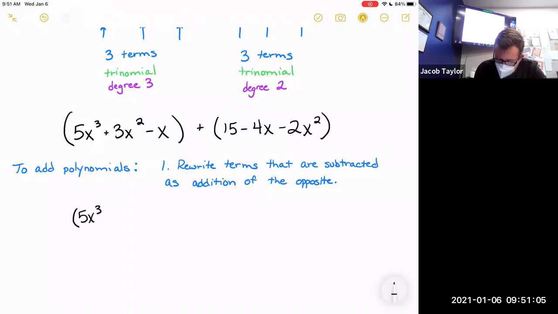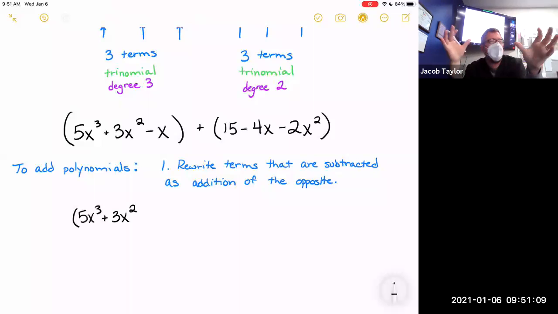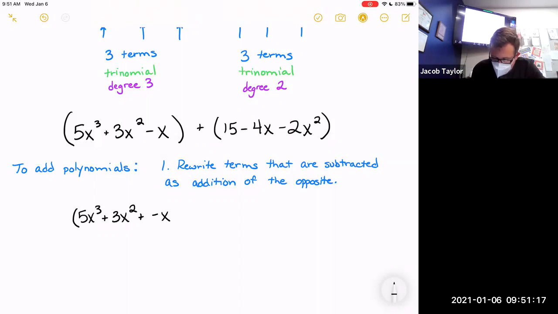5x cubed, and then I've got plus 3x squared. And then we have minus x. I'm going to change that minus x to be plus negative x. So that's going to be my first change. Instead of minus x, I'm going to do plus negative x. I'm going to do the same thing with the second trinomial, 15, and then I have minus 4x.